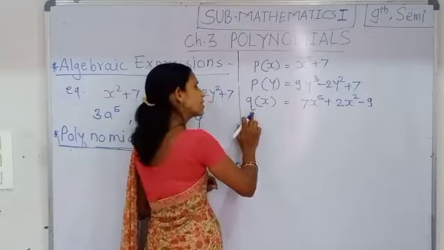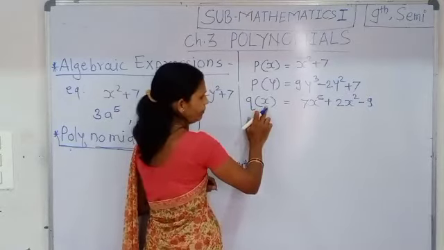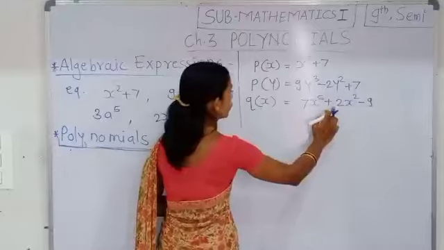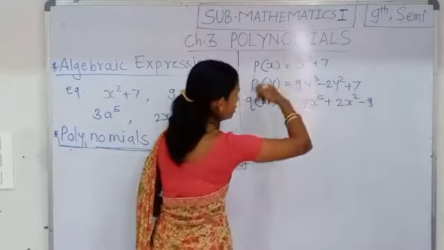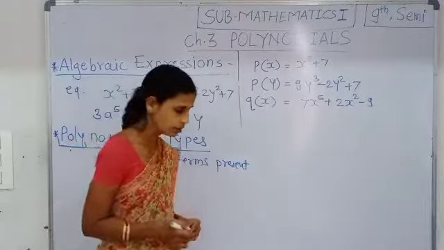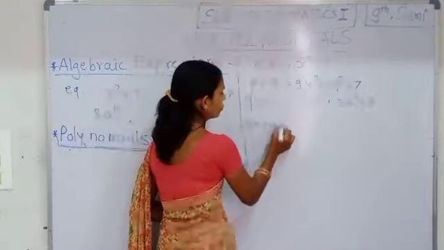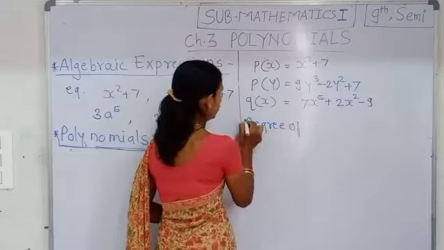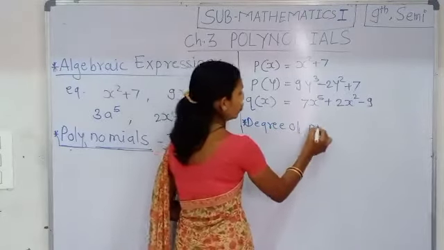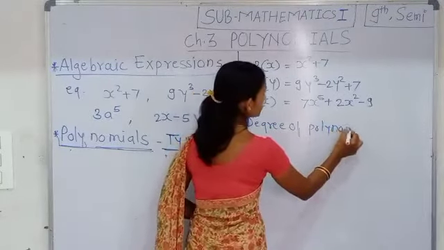That is 7x raised to 5 plus 2x square minus 9. Then see here, we have to discuss the degree of polynomials.